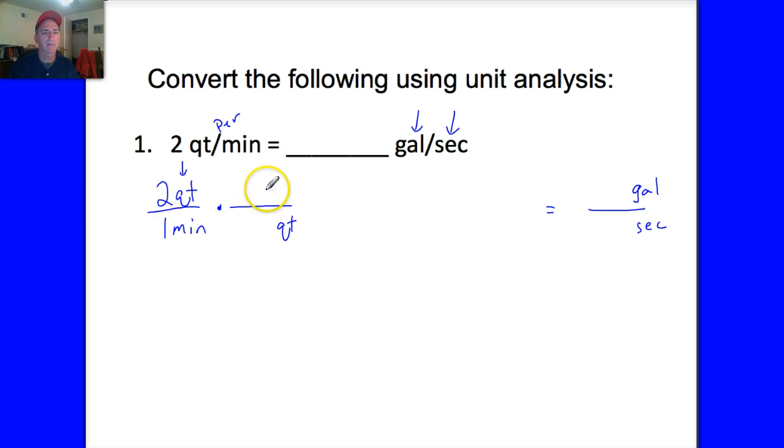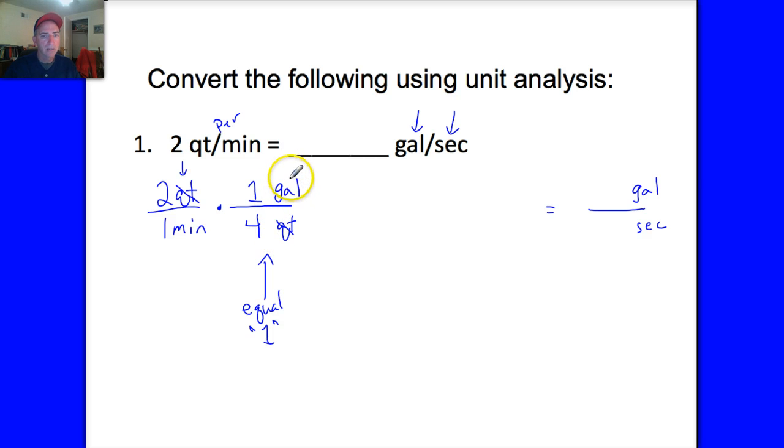So I do have a conversion that I can do quarts is equal to gallons, because remember that this factor, they have to be equal units. 4 quarts is the same as 1 gallon. So if those are equal, that's really just the number 1. And that's how we're using the unit conversion, where we have the units here. And the reason we picked that is because we want to cancel these quarts when we multiply.